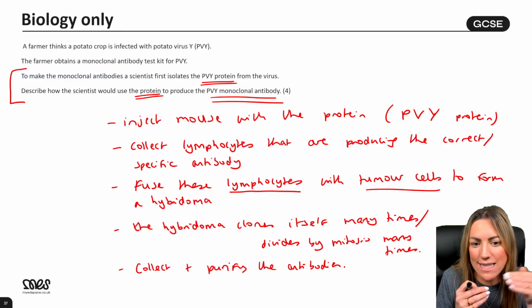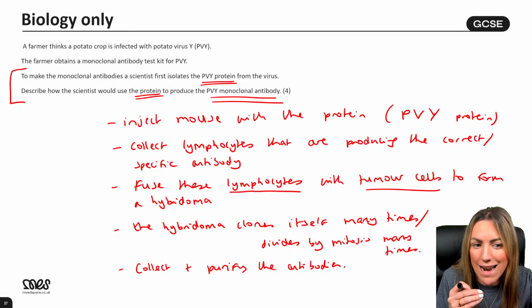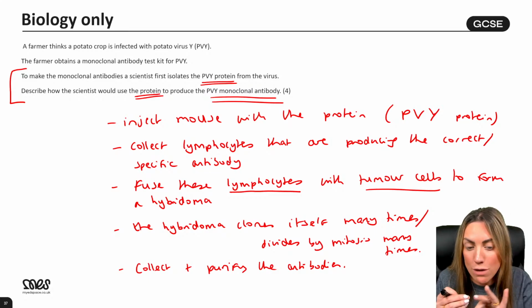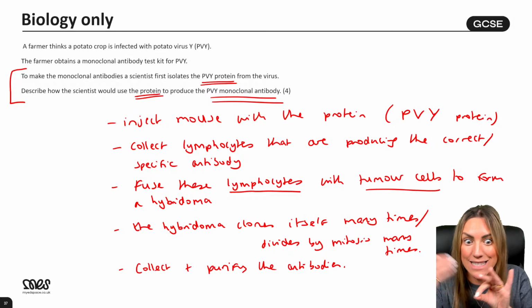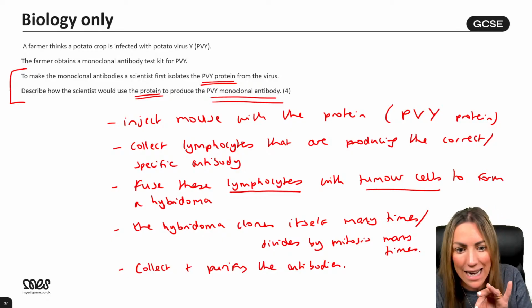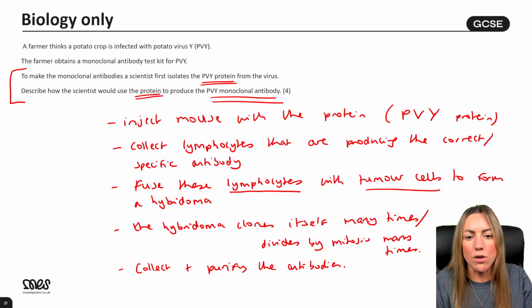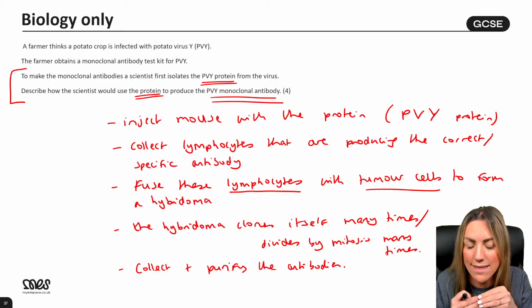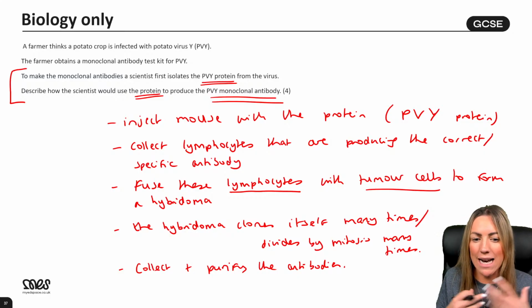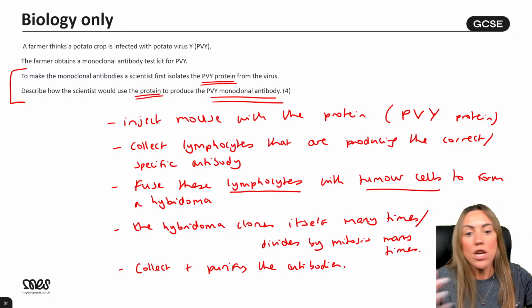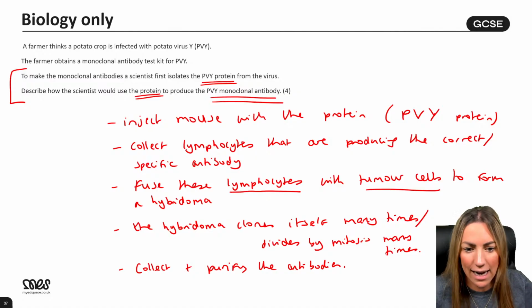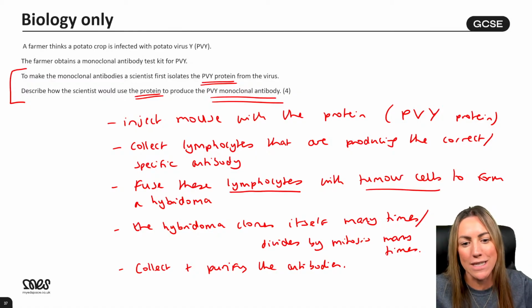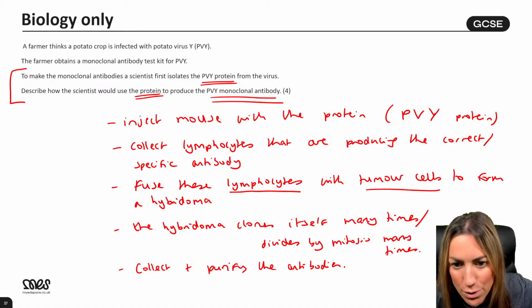The lymphocytes have the ability to make the correct antibody, and the tumor cell has the ability to divide many times by mitosis. So you fuse them together. So the hybridoma has both of those properties, if that makes sense. It can produce the right antibody and it's going to clone itself many times. So the hybridoma clones itself many times or divides by mitosis many times. You've got all these cells now making the correct antibody. You collect and you purify the antibody.